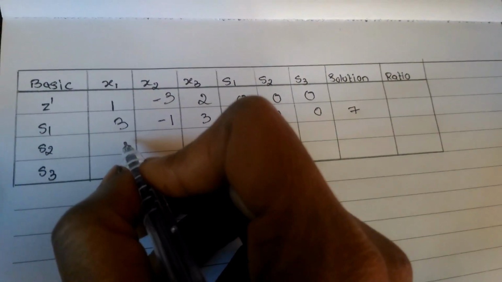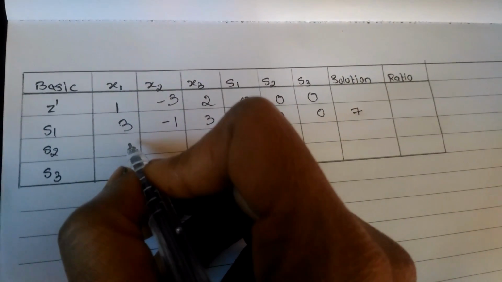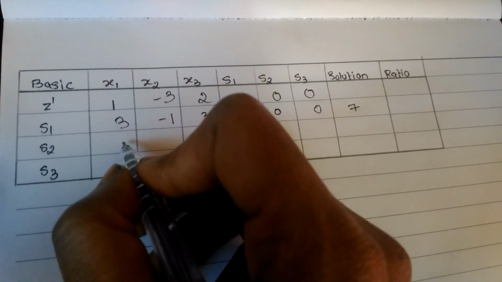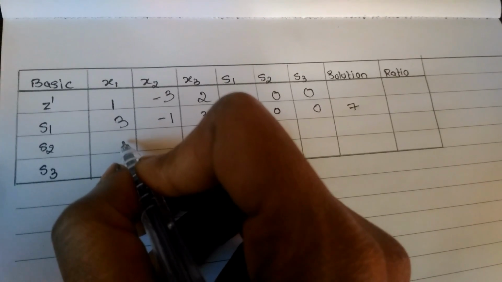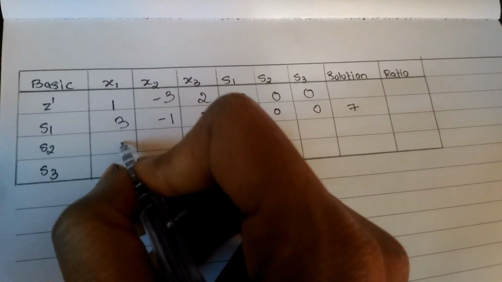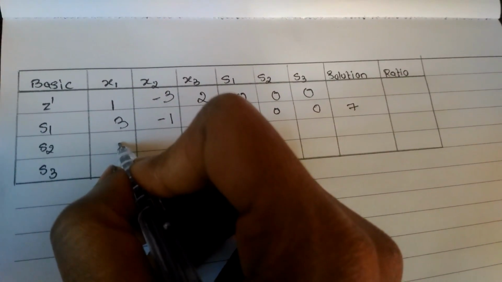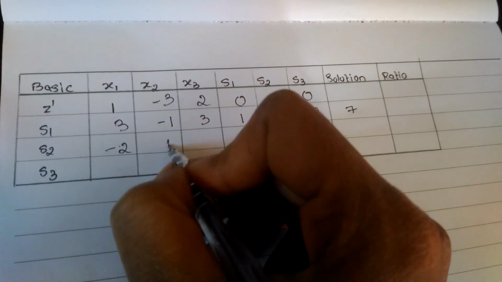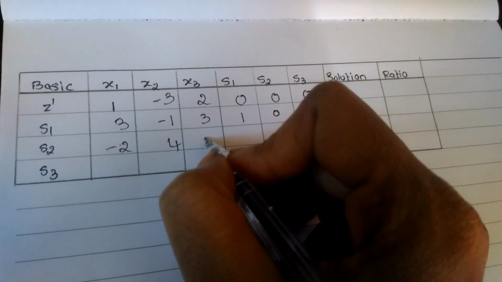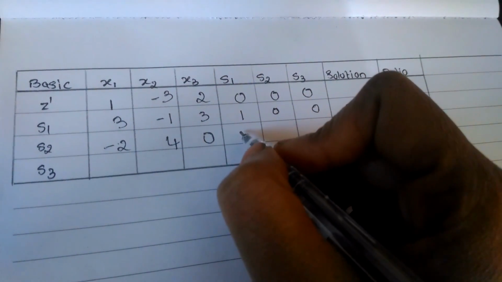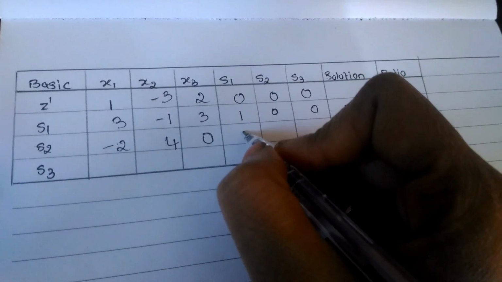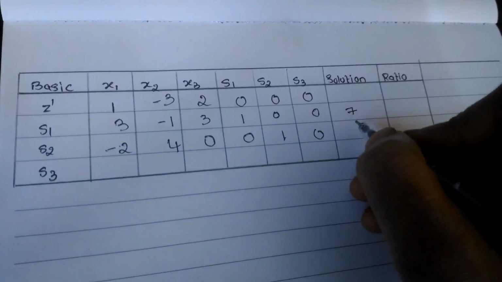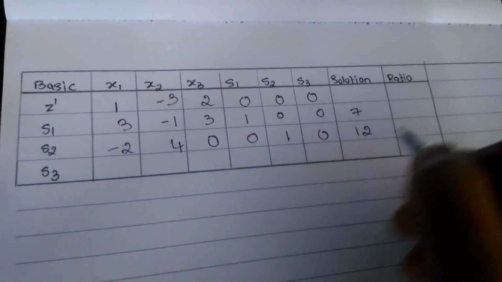Similarly, S2: the constraint which had the slack variable S2, and all the values of the basic and non-basic variables from that constraint, which had an x1 value of minus 2, x2 value of 4, and no x3 present in the second constraint. Then there is no S1, 1 S2, no S3, and the RHS part will be 12.